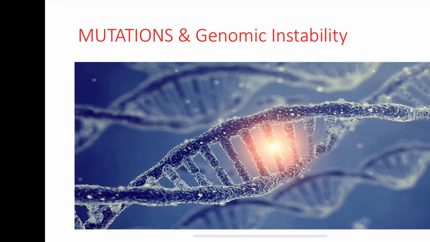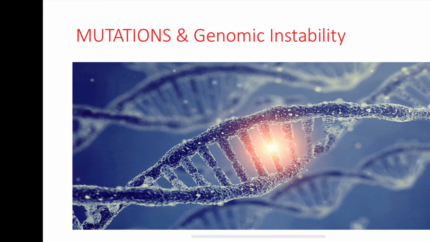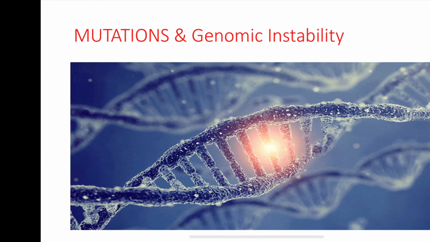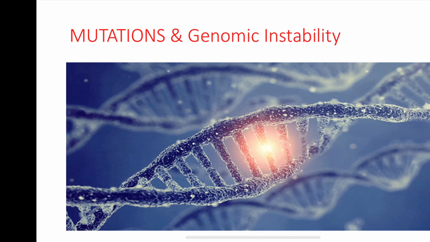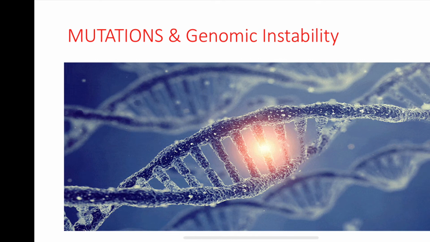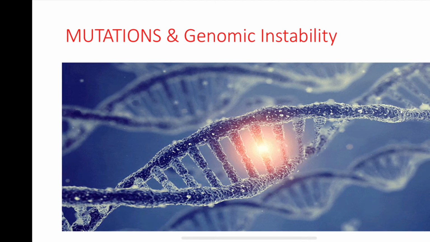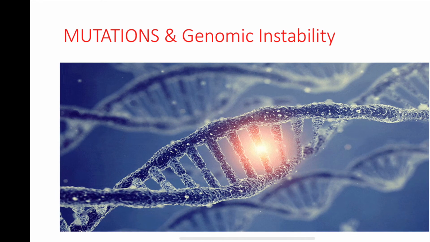The characteristics of the cancer cell arise as a result of mutation. Only very rarely is a single mutation sufficient to cause cancer. Multiple mutations are usually required. Cancer is usually regarded as a clonal disease.